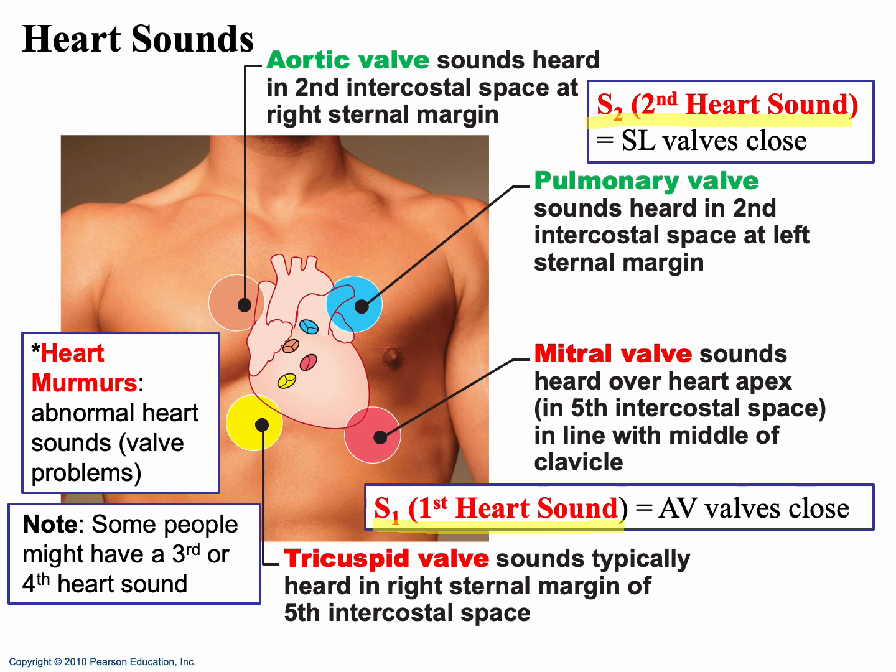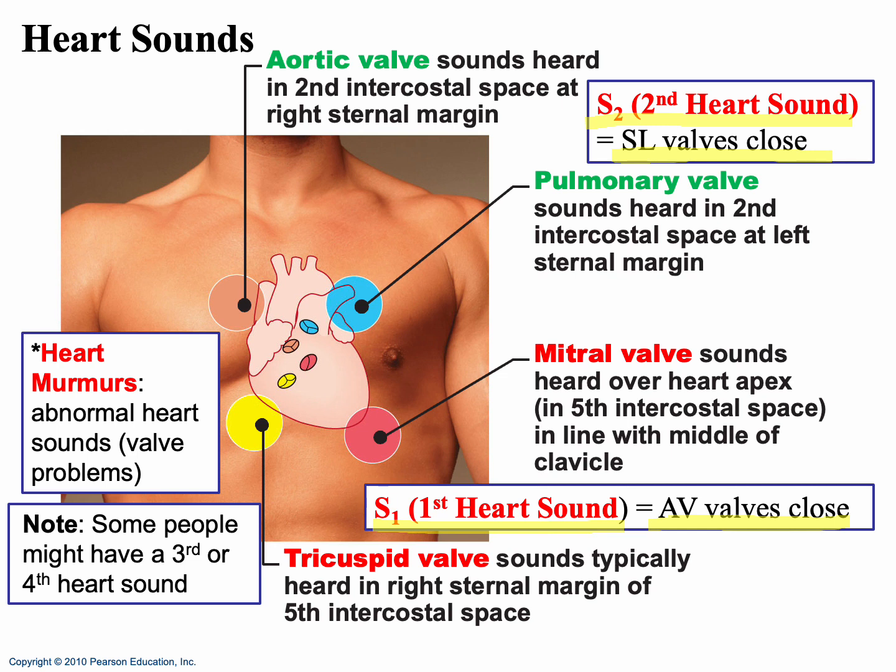The first sound that the physician hears with the stethoscope, S1, is referring to the AV valves closing. So the closure of your tricuspid valve and the closure of your bicuspid valve. The second heart sound, S2, is referring to the closure of the semilunar valves. So closure of the pulmonary semilunar valve and closure of the aortic semilunar valve.